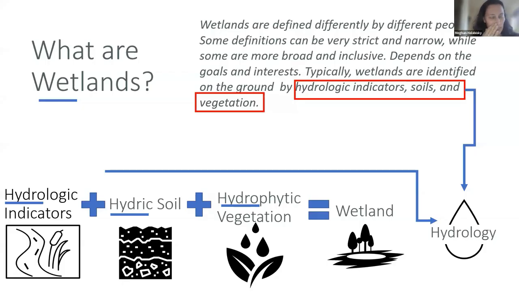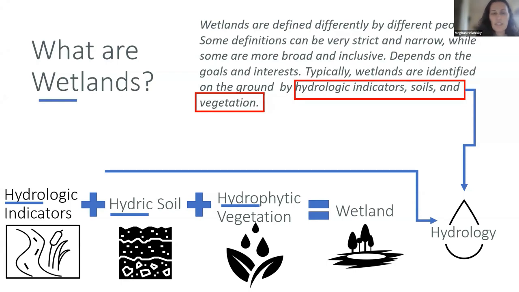And so with the Wetland Intrinsic Potential tool, again, this is a machine learning model, so it does fall under that umbrella of artificial intelligence. But rather than having something that's super black box, I wanted to take a step back and create more of a science-informed modeling approach that's grounded in how we identify wetlands on the ground, which, as all of you know, is by looking for the hydrologic indicators, the hydric soils, and the hydric vegetation.